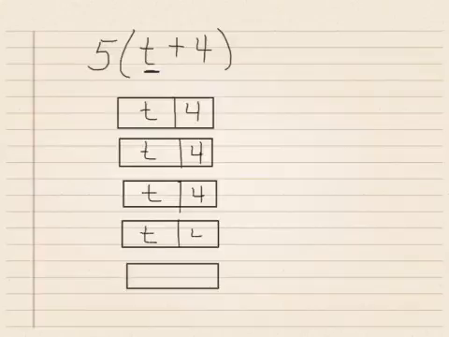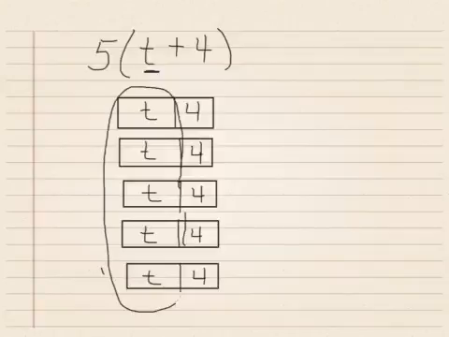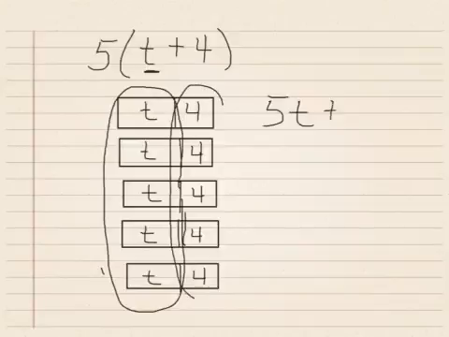Here's a ticket, $4 candy bar, and a ticket and a $4 candy bar. Looking at the groups, 5 of the friends are going to buy the ticket, and 5 of the friends are going to buy a $4 candy bar.